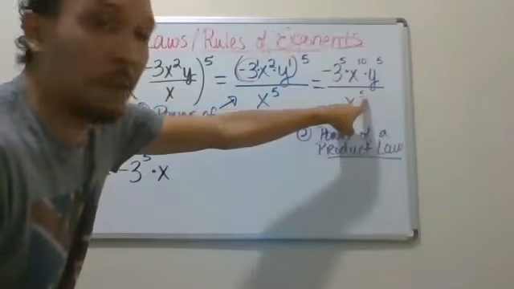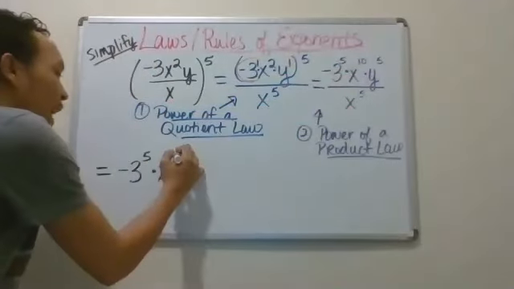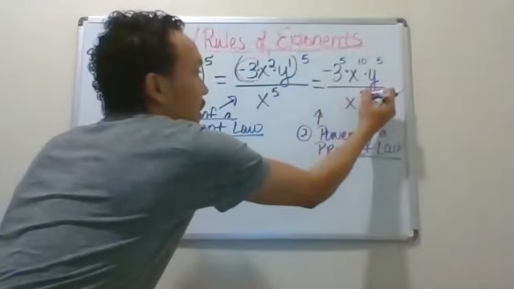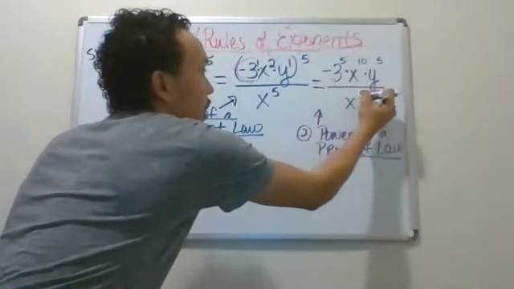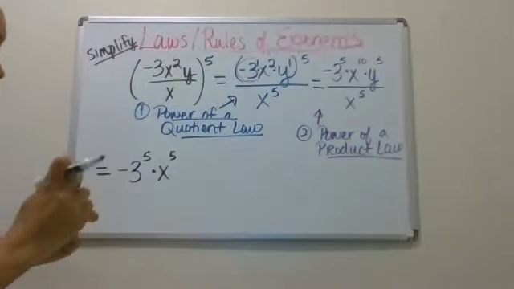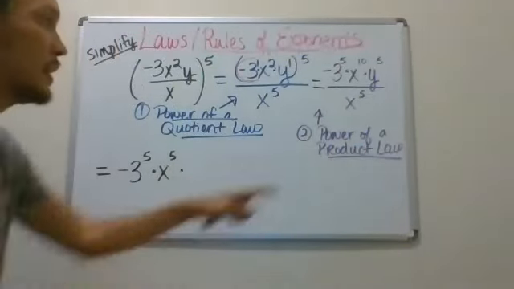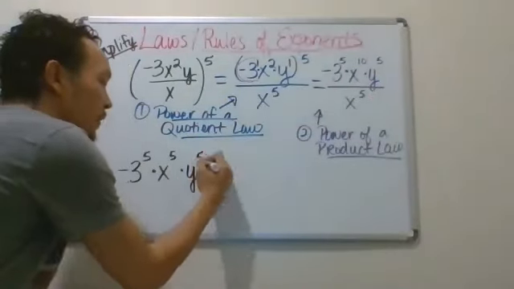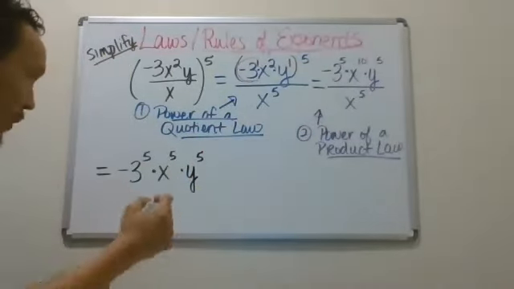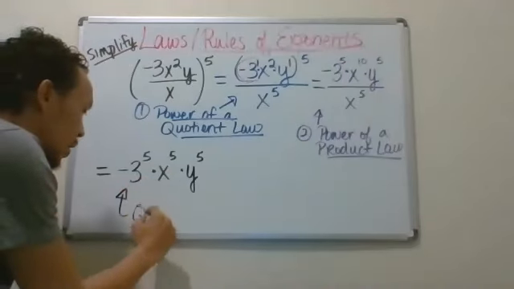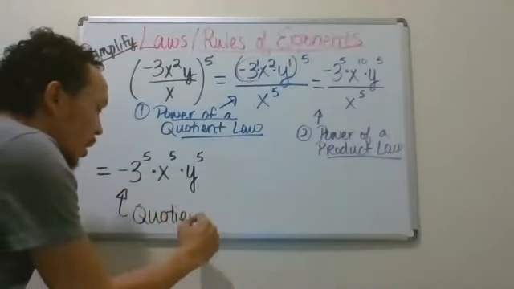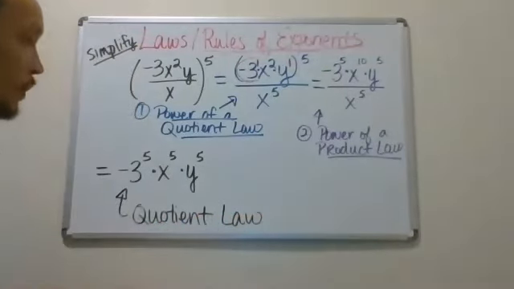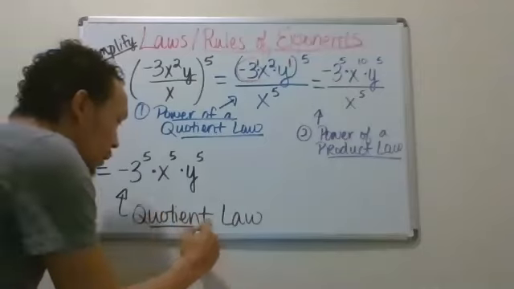So 10 minus 5 gives me 5. Times, there is no variable y in my denominator, so it just stays y to the 5th power. And we got here by quotient law.